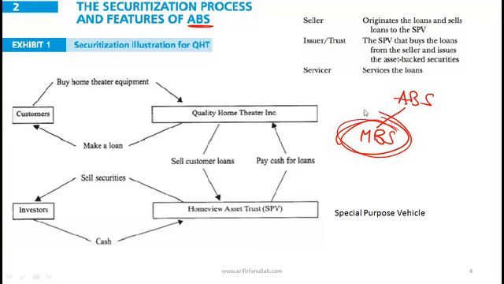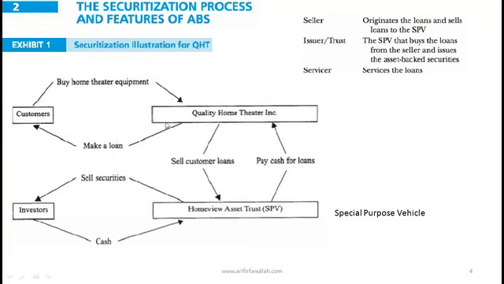And what's the distinguishing characteristic of mortgage-backed securities? That the backing or the collateral for these is loans against some form of real estate. Then there are all these other categories of asset-backed securities which we will discuss in this reading.